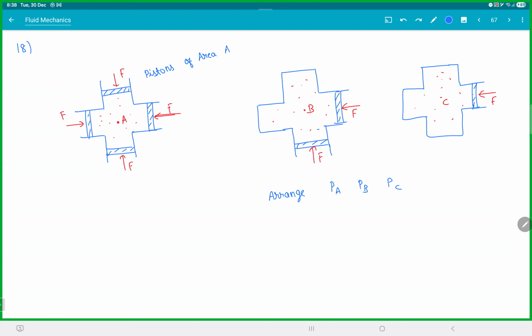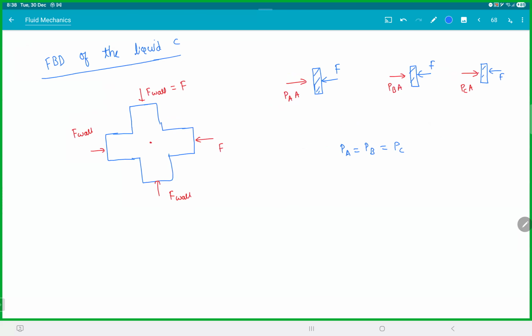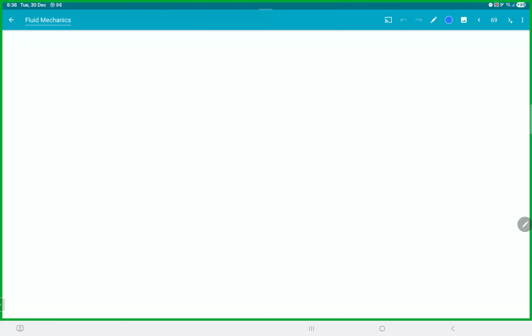Let's see one more. Next thing, buoyant force. So what is buoyant force exactly?